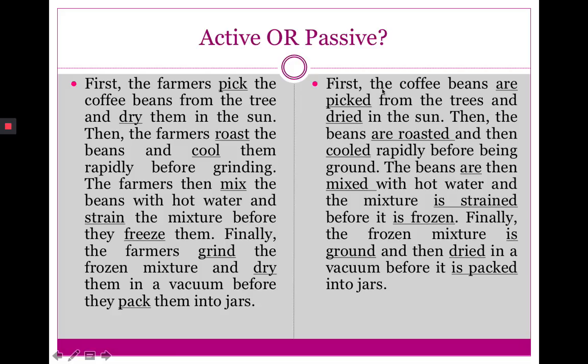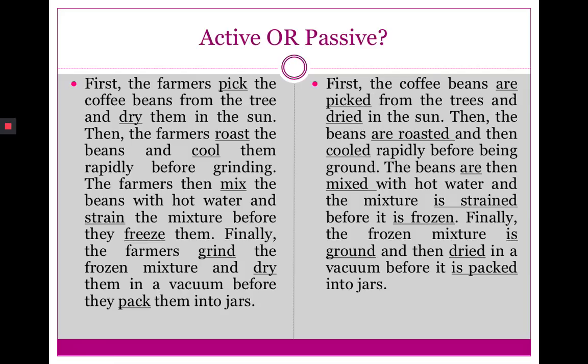So instead of using the farmers, we change the subject of the sentence into the coffee beans. We do not want to focus on who did the action. We just want to focus on what actually happened to the receiver of the action. So this is how you write it now.